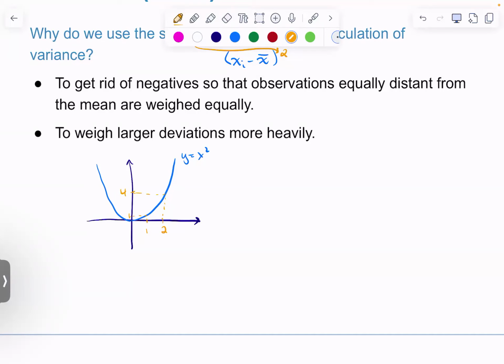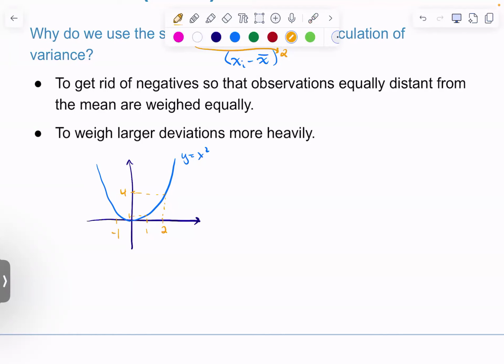So even though I've moved from 0 to 1, a distance of 1, and then another distance of 1, because it's further from the mean, say that's at 0 here, that squared deviation is just amplified. The same thing would happen on this other end.